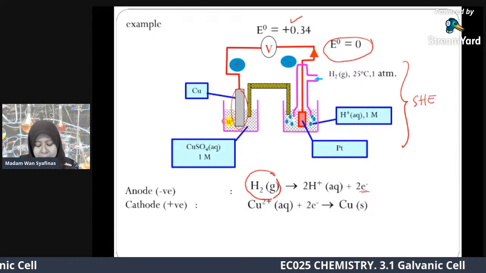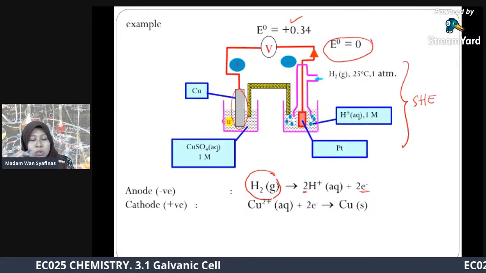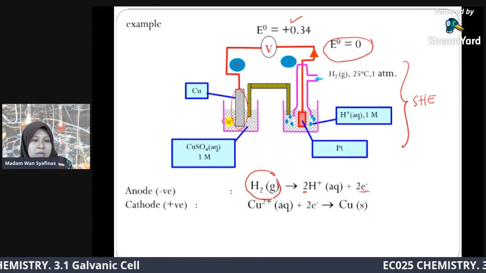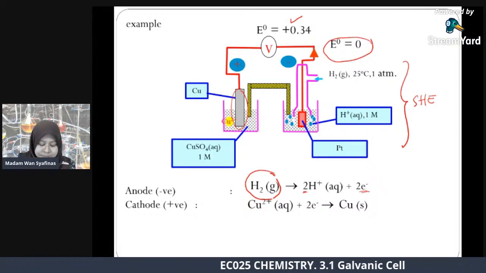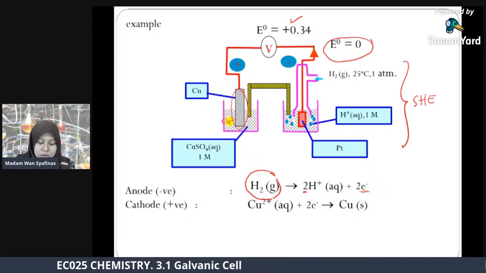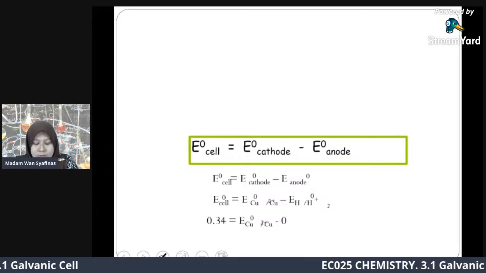Then untuk cathode pula, so cathode akan undergo reduction. So untuk reduction maksudnya dia akan gain electron. So cathode akan gain 2 mole of electron, so dia akan produce copper solid. Okay. So daripada sini kita nak find out ni, so the value of E cell. Sebelum tu kita tengok dia punya cell notation dia dulu.